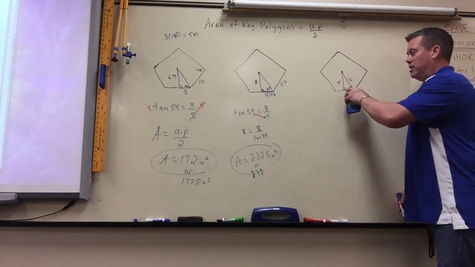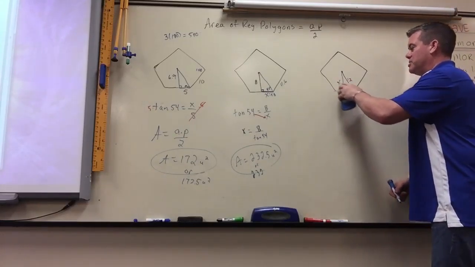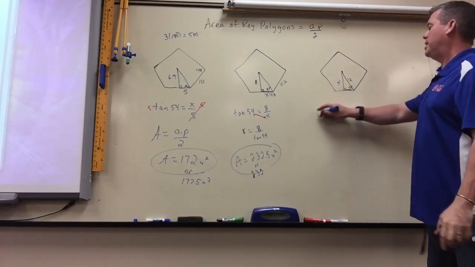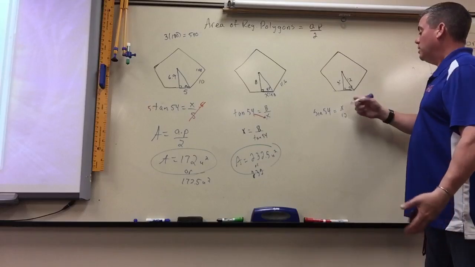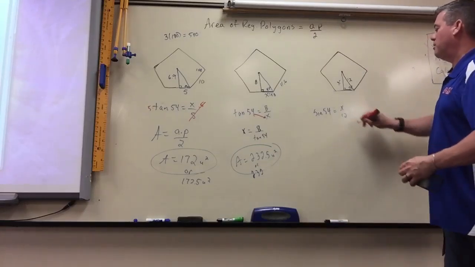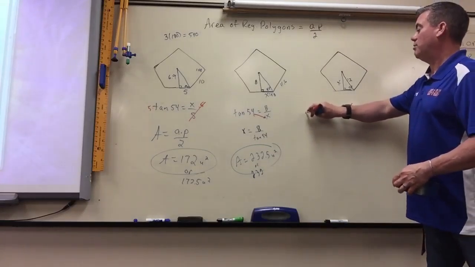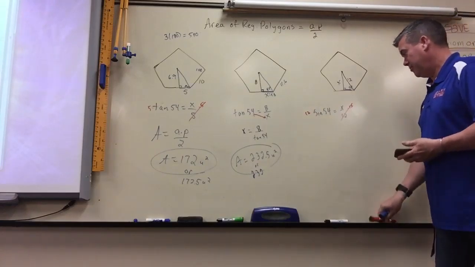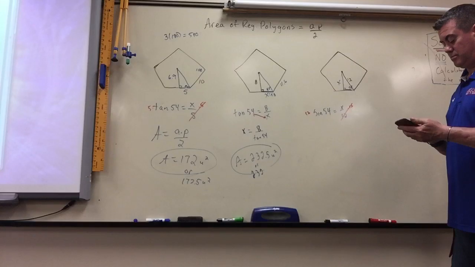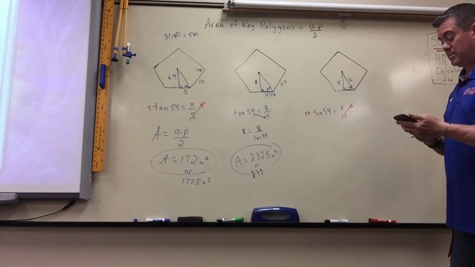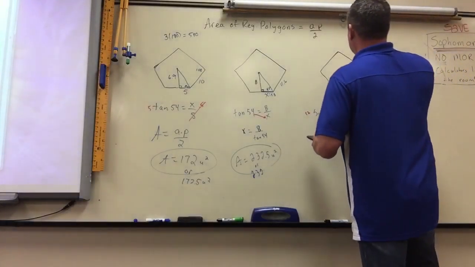If you're finding that one, sine, because x is opposite and 12 is the hypotenuse. So, to get the x by itself, it's times 12. And it's 9.7.